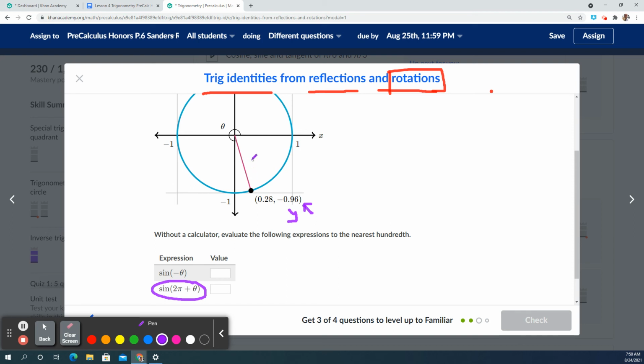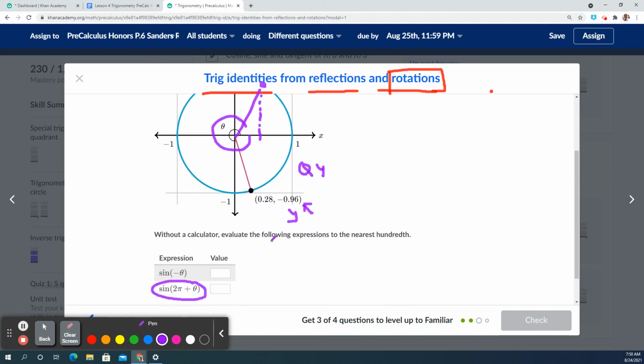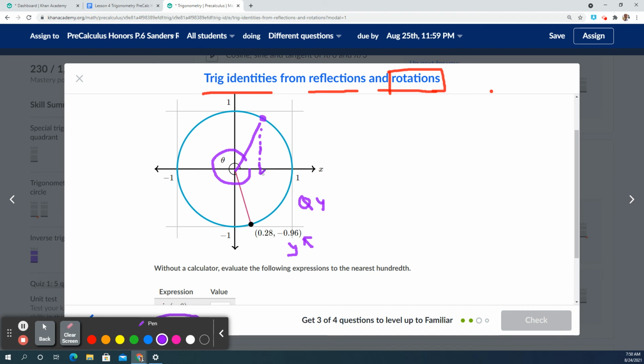And then if I go the other direction, so this lands in quadrant 4, right? So if I go the other direction, it's going to land in quadrant 1, right? All right, so for sine, quadrant 1, the y values are going to match.